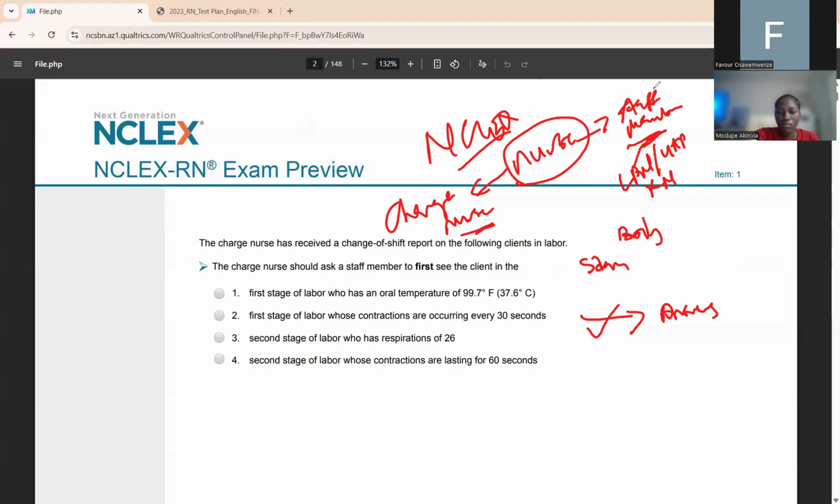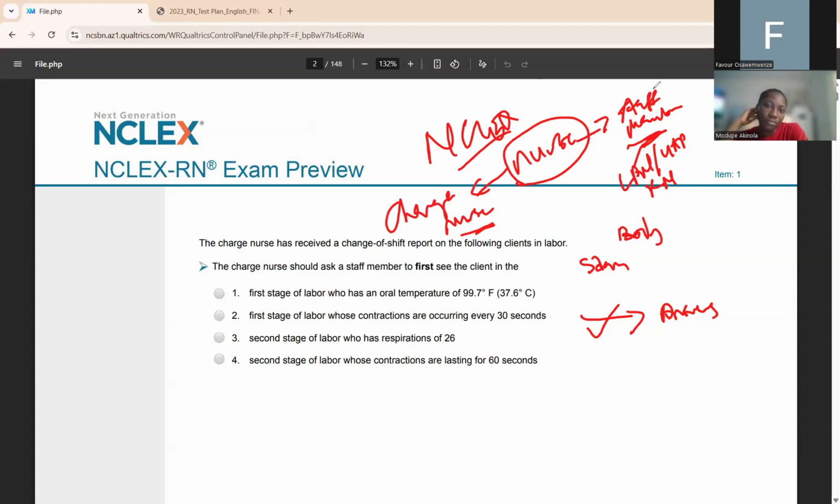It means that everything applies to that staff member. But if NCLEX is saying maybe the nurse is working alongside an LPN or the nurse is working alongside a UAP, it means that NCLEX wants you to take into consideration the scope of practice. Do you understand scope of practice? What do I mean by scope of practice? Their limitations to what they can do. Okay, great, that's good.